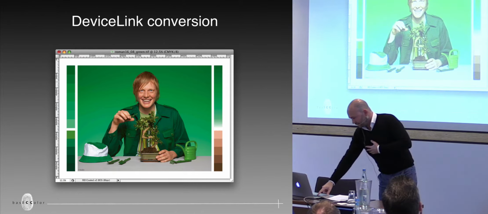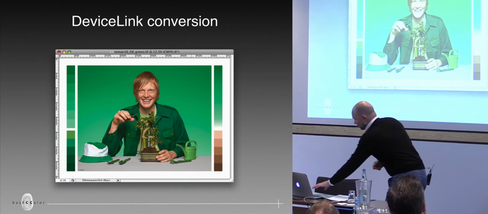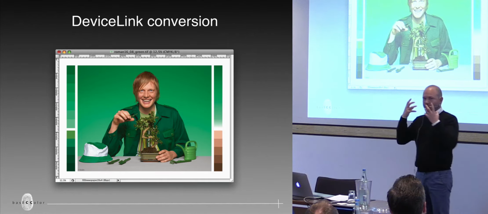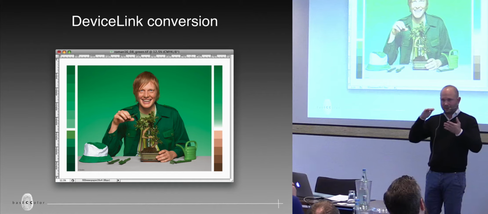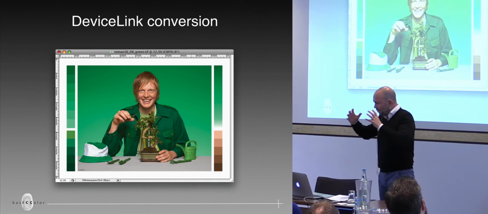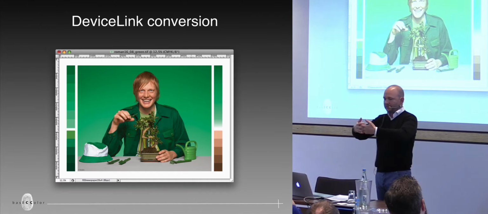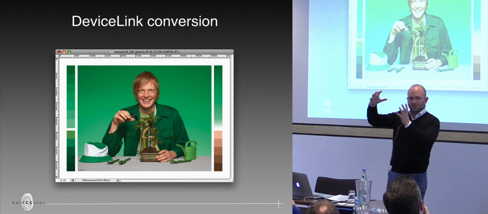Now, if I'm doing a DeviceLink conversion, you have seen it. If I go back, my flesh tones are not changed. They are not compressed because when I created the DeviceLink profile, I said the compression must be just a little bit.